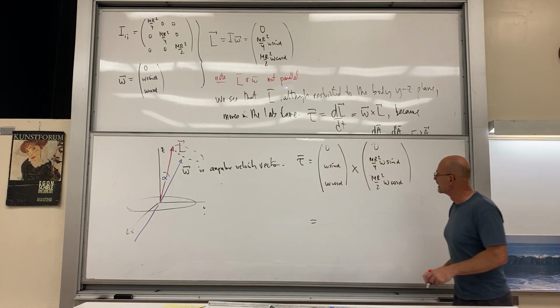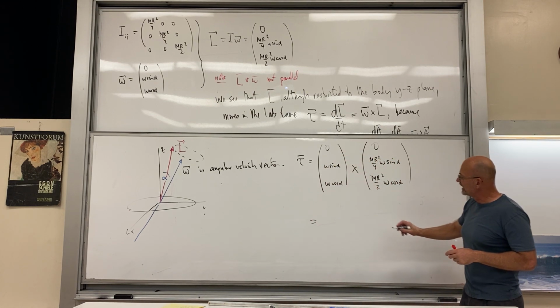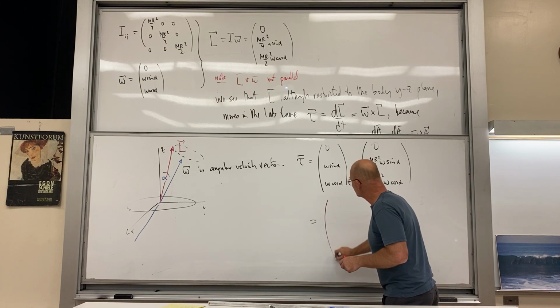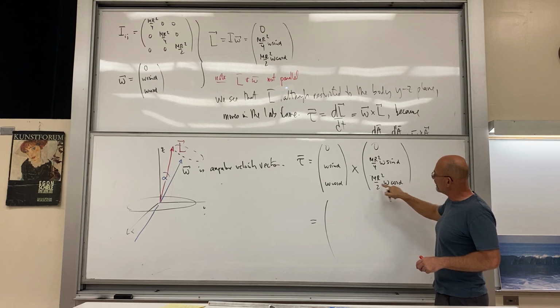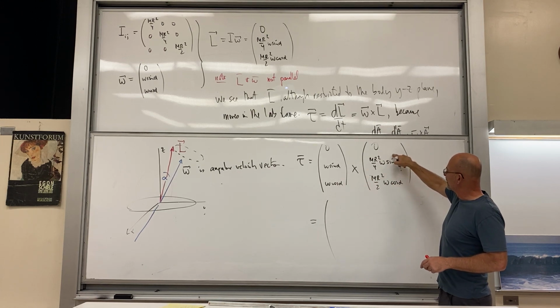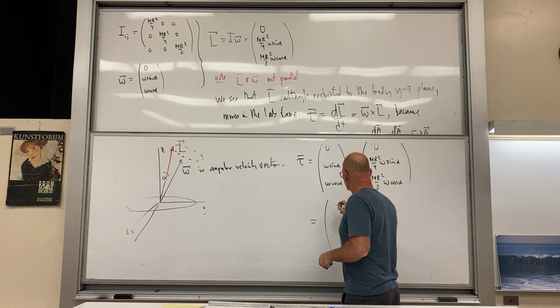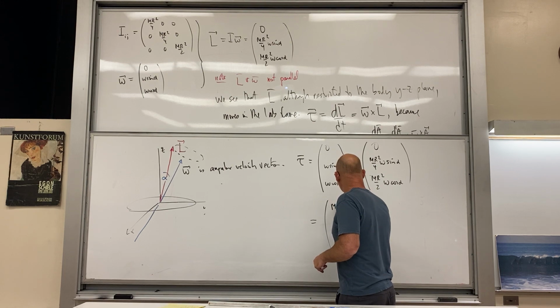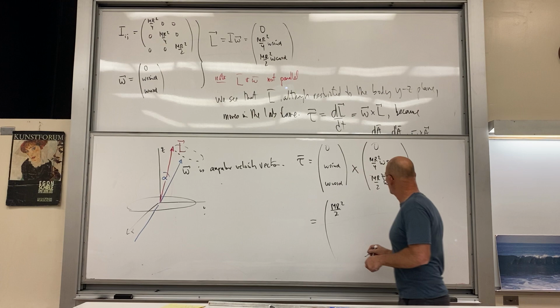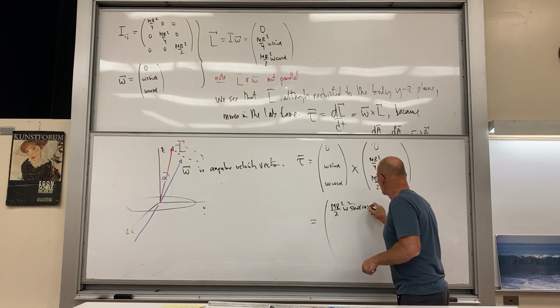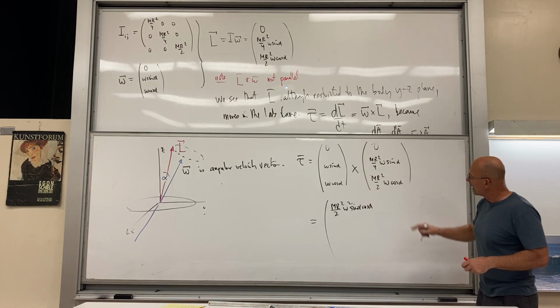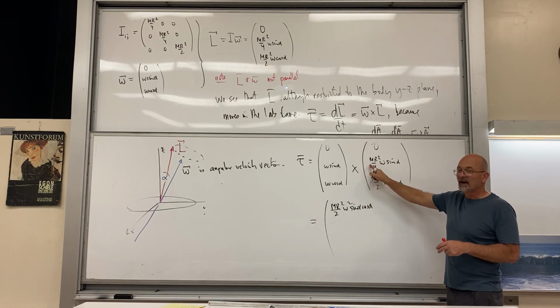Okay. And that x component will be, cross product, this times this minus this here times this, so that's mr squared over 2 omega squared sine alpha cos alpha minus mr squared over 4 times the same thing.